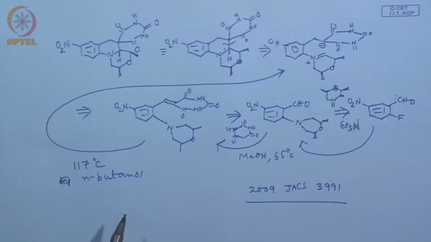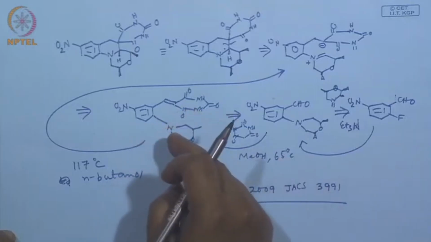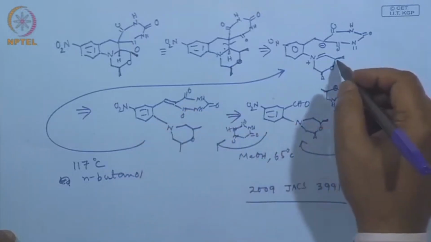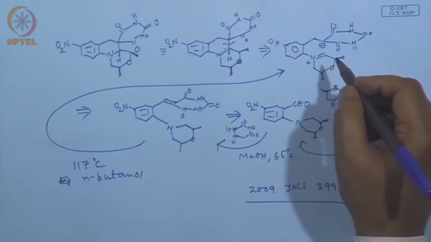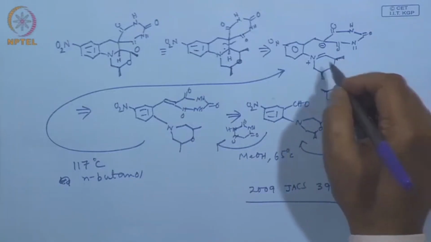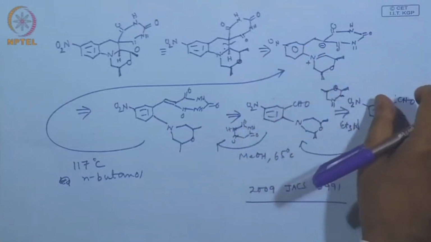Probably I will not be able to tell you at the moment, but if I have the paper with me, if you can go to the original paper, what you will find, if you keep on heating in a different kind of solvent, this isomerization takes place in the methyl group. Possibly I have forgotten some details, but some isomerization takes place. That is also another aspect why the paper was accepted in JACS.